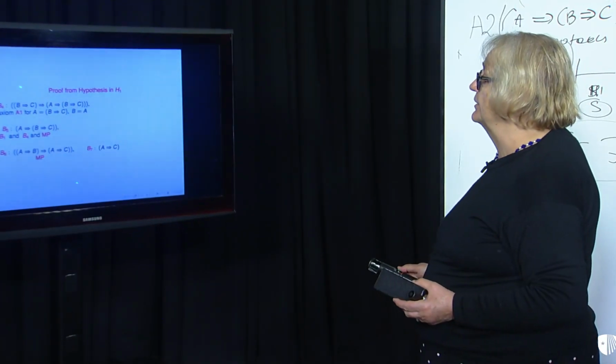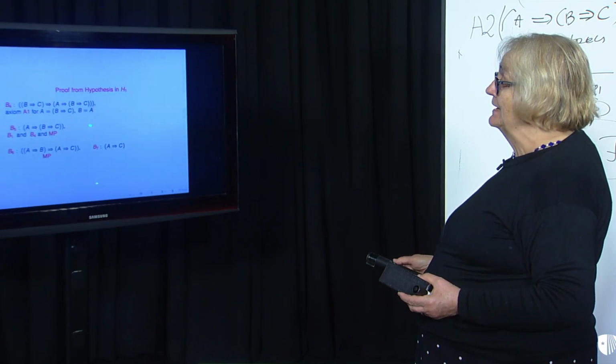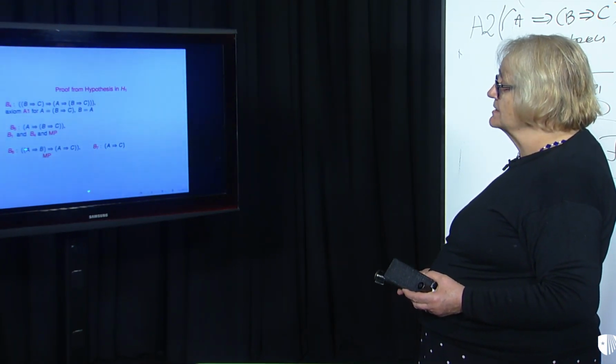Now I can add axiom A1 in that form, and because I have B implies C already, I can use it. So I get this, A implies B, and now I can write modus ponens.